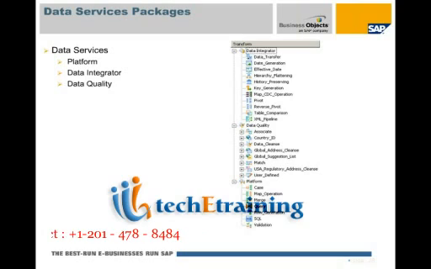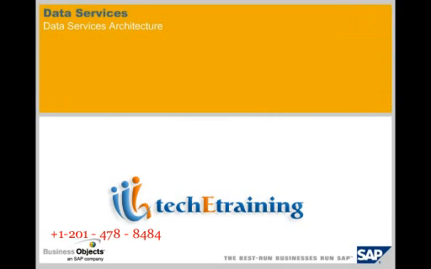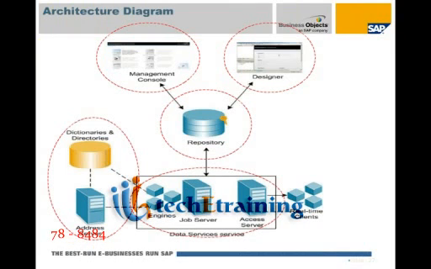All right, so coming to the important part, which is the architecture of Data Services. Let's take a look at the architecture. The repository is the central component of Data Services.